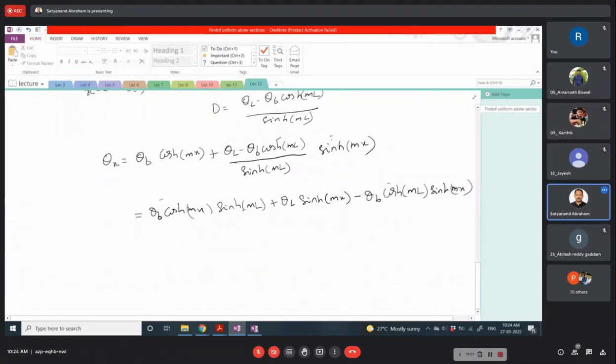It is cosh mx sinh mL minus cosh mL sinh mx. We have the identities with us. So we can write theta b sinh m(L minus x), plus theta L sinh mx, divided by sinh mL, and the denominator sinh mL is also there.